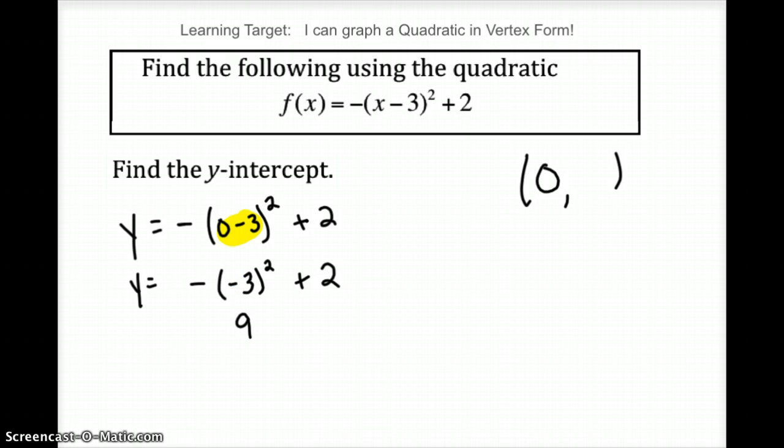Then I'm going to multiply by this -1 that's understood. I do that after the exponent. Exponents first, and then I multiply by this -1, which will make my 9 turn negative, plus a 2. So therefore my y will be a -7. Again, you could have just plugged this in your calculator and it would have figured it out as long as you used the parentheses.